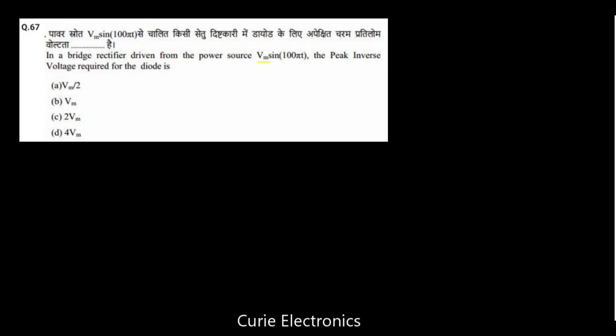So Vm here, what he has mentioned, Vm sin 100 pi t. You can compare this with the general equation Vm sin 2 pi ft. So Vm is the peak value. So the answer is option B.